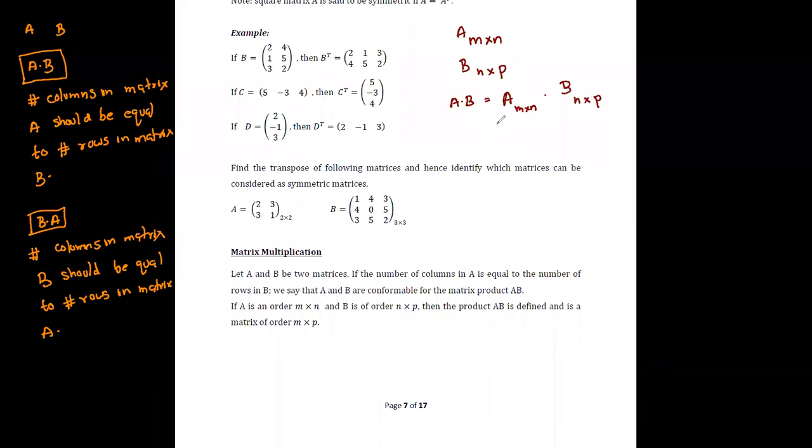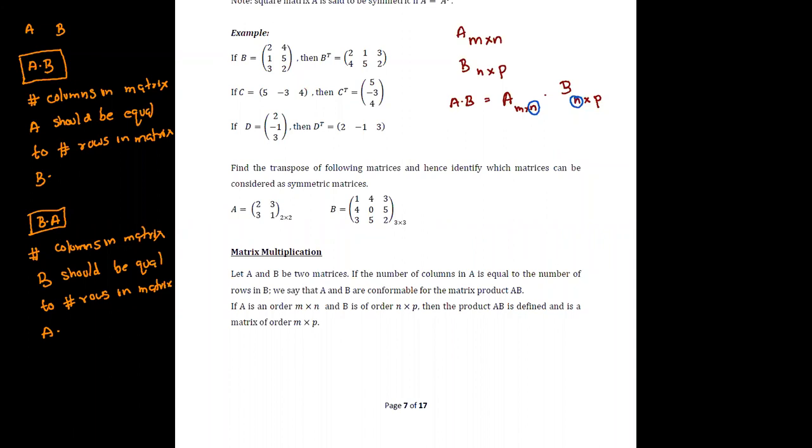The first condition says that the number of columns in matrix A, the first matrix, should be equal to the number of rows in the second matrix. Looking at that condition, we can see that it is satisfied, because the number of columns in the first matrix is equal to the number of rows in the second matrix.